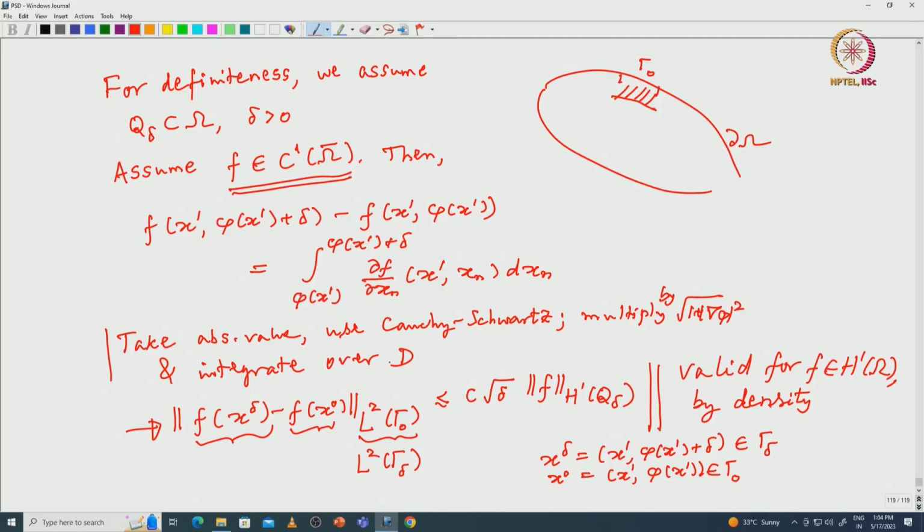And now, they express continuity of traces. So, these are traces. Now, suppose f restricted to gamma 0, which is nothing but the trace of f on gamma 0, is 0.